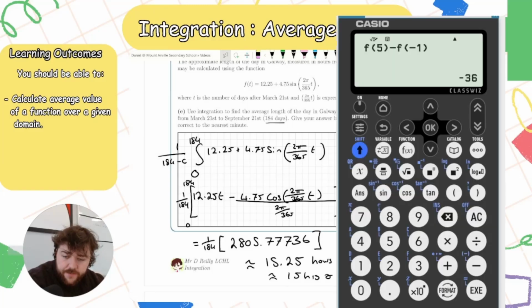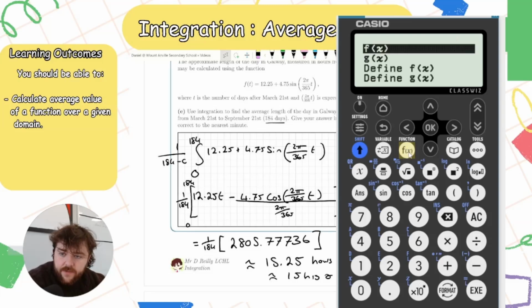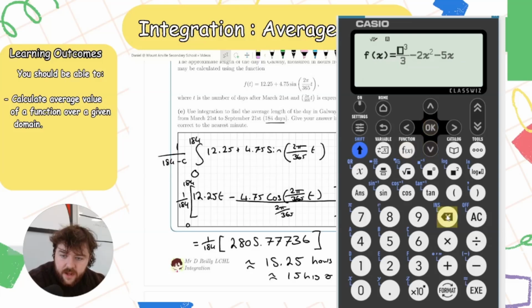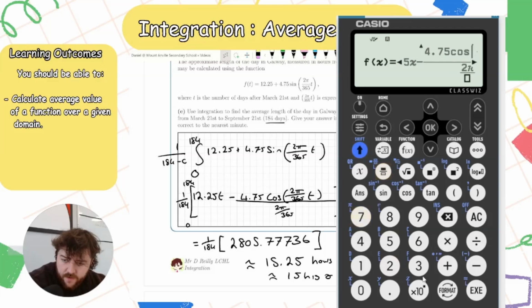So if I were to type it in here, define my function, put that nasty function in there: 12.25 t, so we're going to say x, minus 4.75 cosine of 2 pi over 365 times x, close the bracket, all over 2 pi over 365.